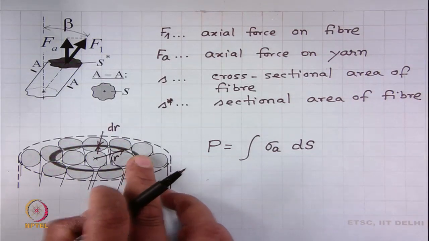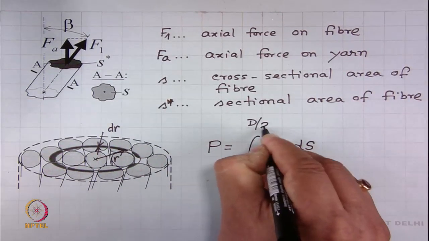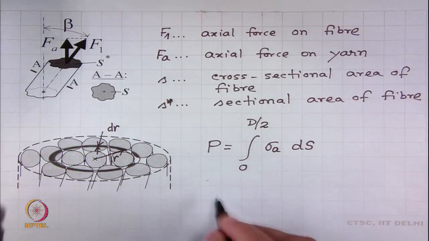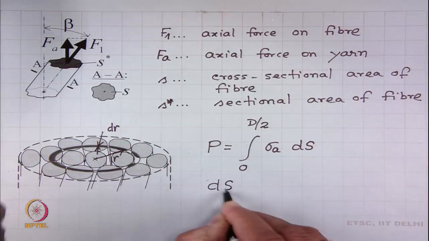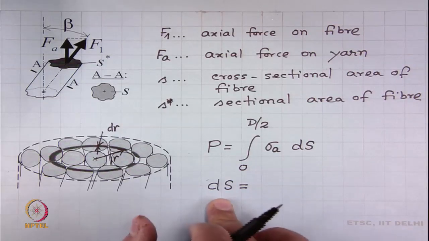If we integrate that from 0 to d by 2, we obtain the total force. So, what is dS? dS stands for the elementary sectional area of fibers. This we defined in module 2.